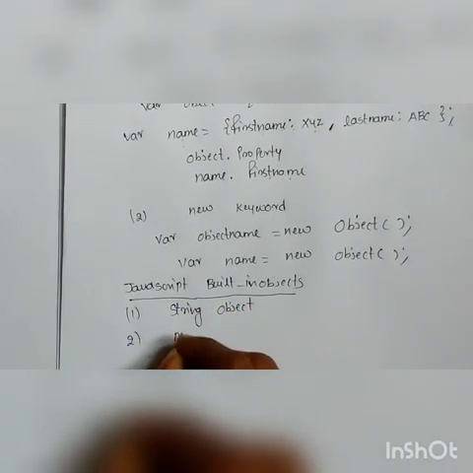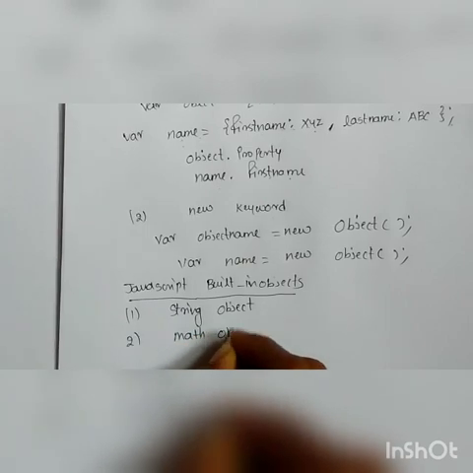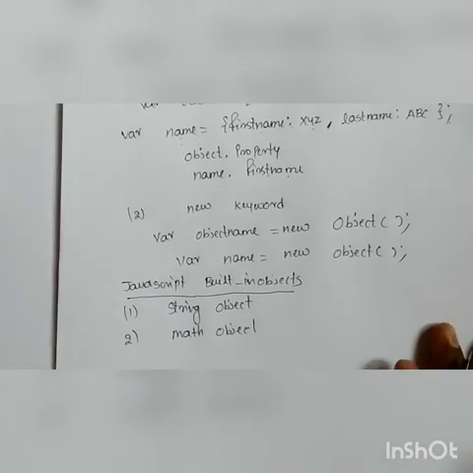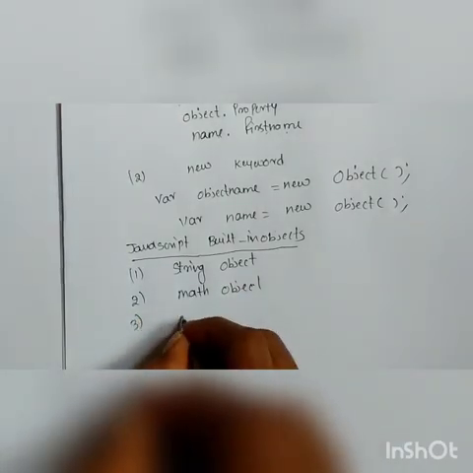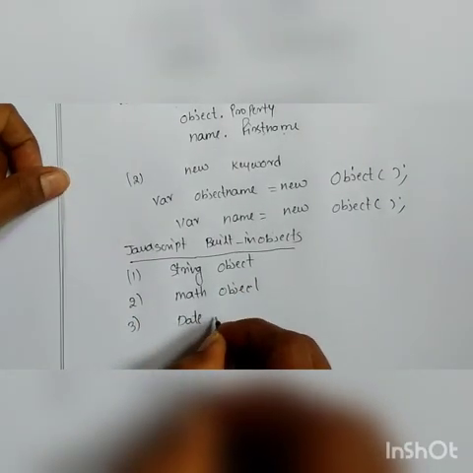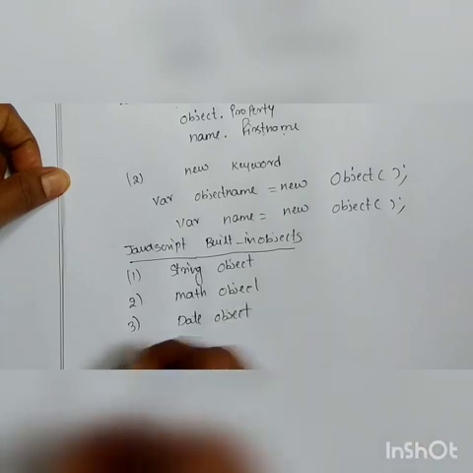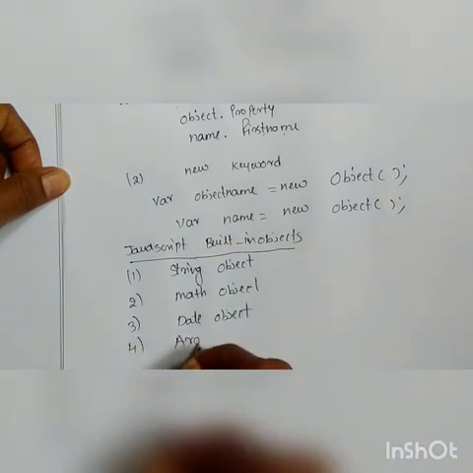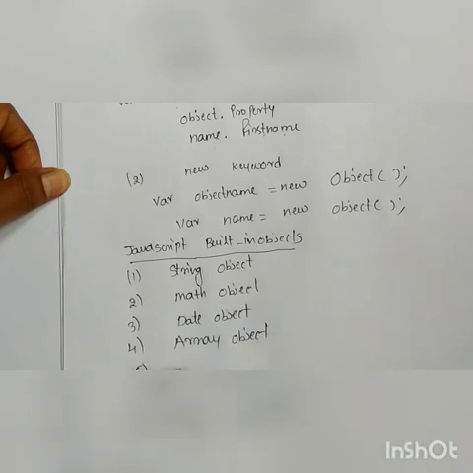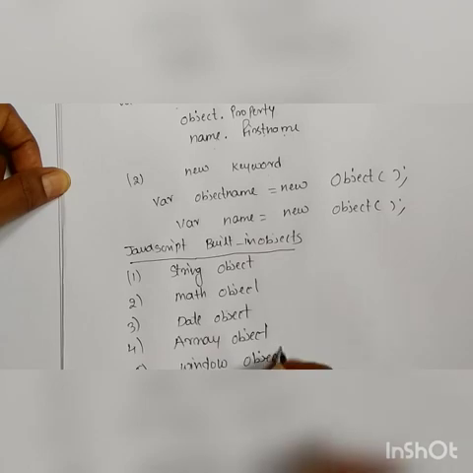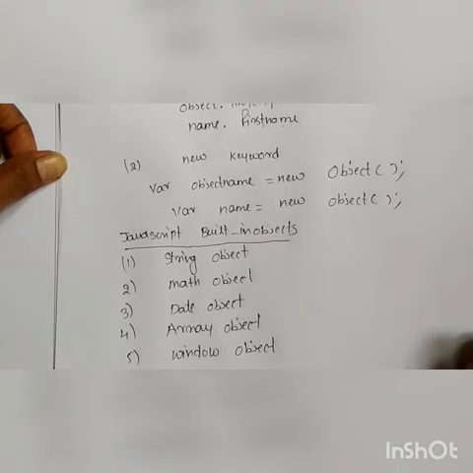Second one is the math object. Third one is the date object. Fourth one, array object. Fifth one, window object. These are some of the main built-in objects in JavaScript.